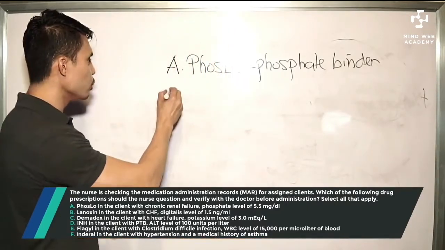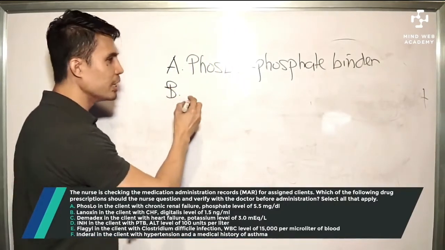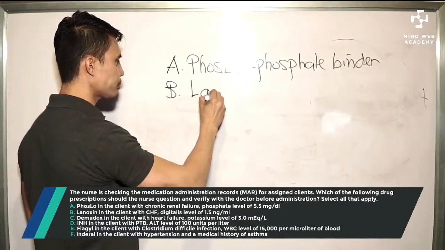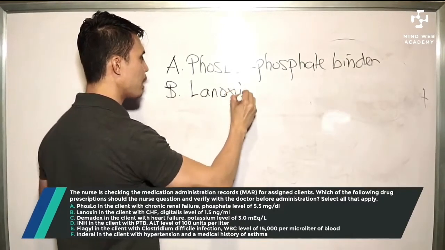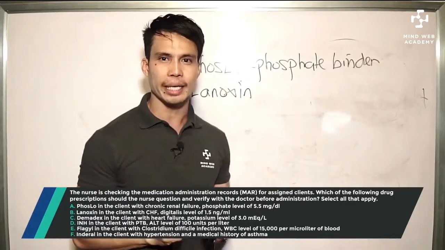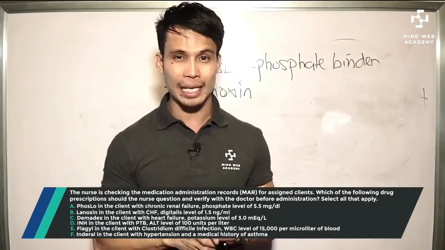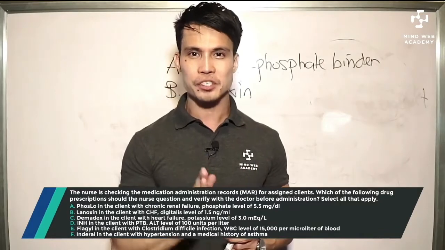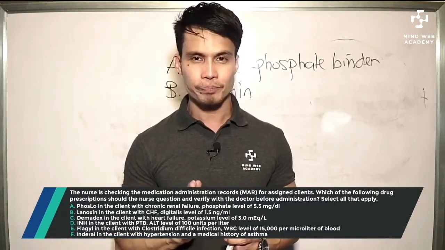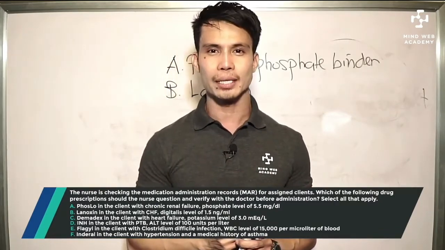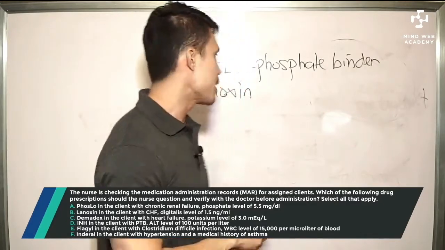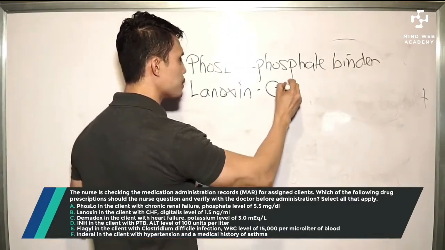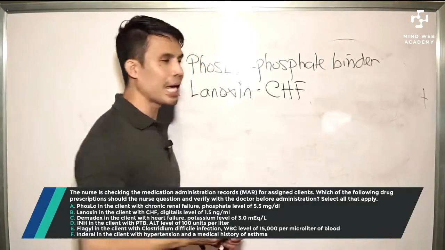Okay, let's proceed to letter B. Letter B, nurses, is lanoxine. Going back to your pharmacology, lanoxine is a digitalis that can increase the contractility of the heart because it has a positive inotropic effect. That is of course indicated for a client with CHF.